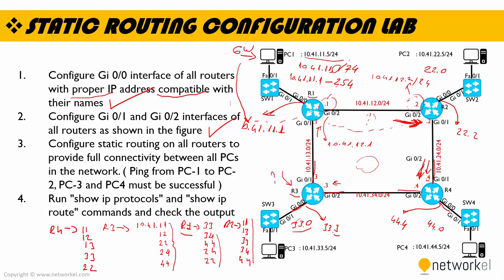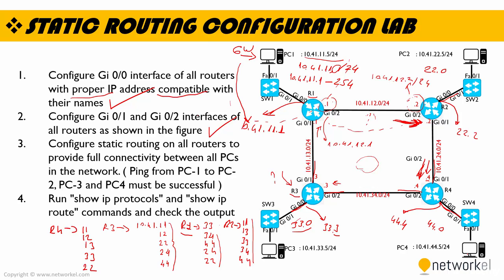Router 2 will get this packet, and since router 2 is directly connected here, it will forward the packet to PC2 directly. But if PC1 wants to communicate with PC4, router 2 will also get the packet and send it to router 4. Because router 4 is directly connected here, it will send the packet to PC4. That's the logic behind this.